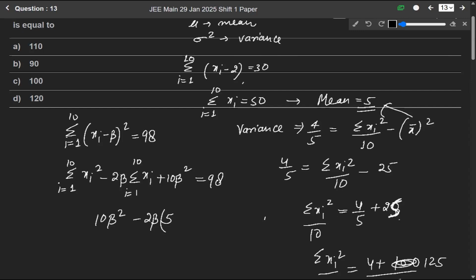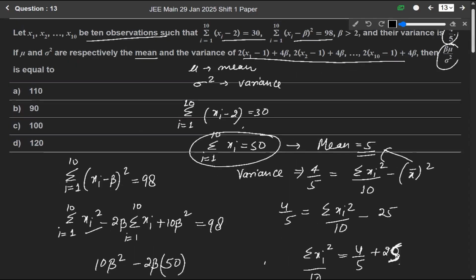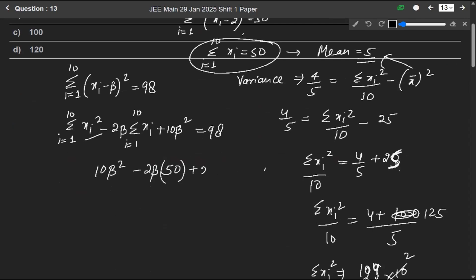Since this is 50, it will be 50. And we have found the value of this as 258. So plus 258 will be equal to 98. So it will be 10 beta square minus 100 beta plus this 258 will be equal to 98.